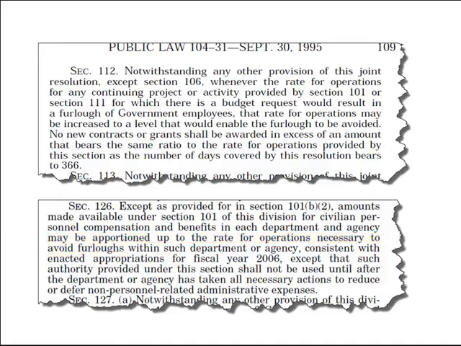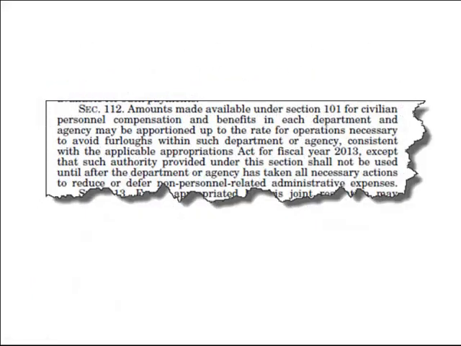Note that there are very strict rules in its application. It can't be used until the agency has taken all necessary actions to reduce administrative expenses. This FY 2007 furlough language has continued to the present day CR.